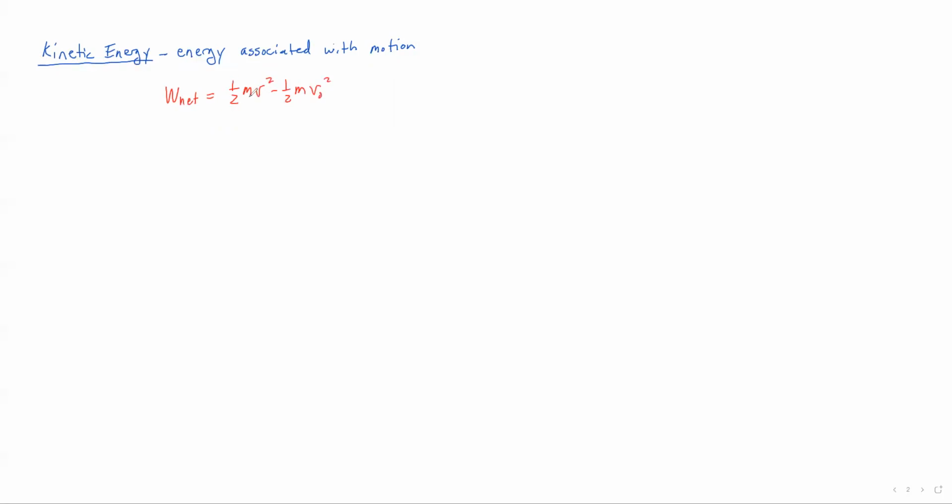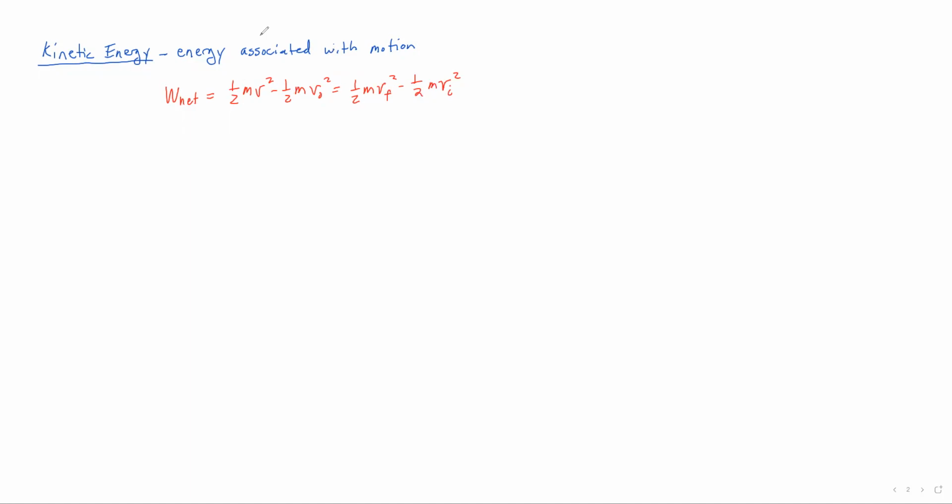Look what I have here: this term, 1/2 mv squared. And really, you could write that as 1/2 m vf squared minus 1/2 m vi squared, right? Either way, you need a velocity at two different points of the object's motion.